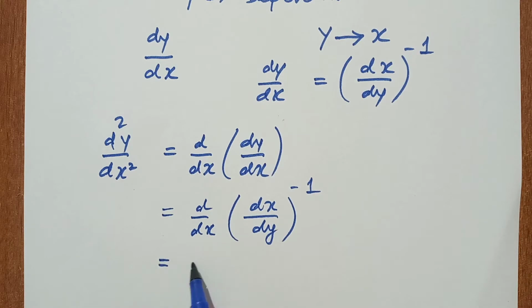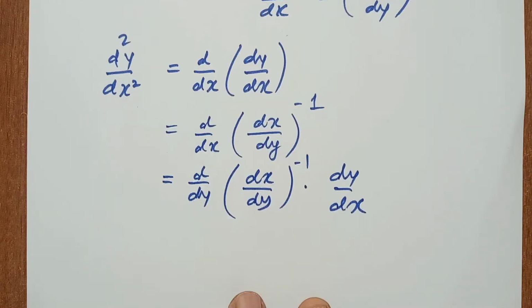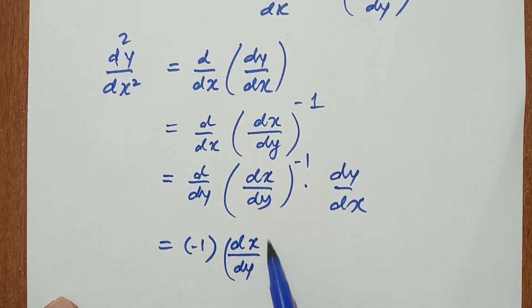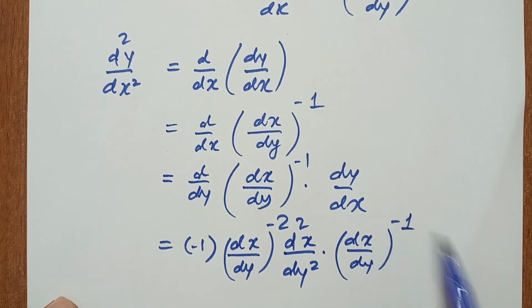So we put d over dy of (dx by dy) to the power minus 1, times dy by dx. So this is equal to minus 1 times (dx by dy) to the power minus 2 times d2x by dy2, times (dx by dy) to the power minus 1.